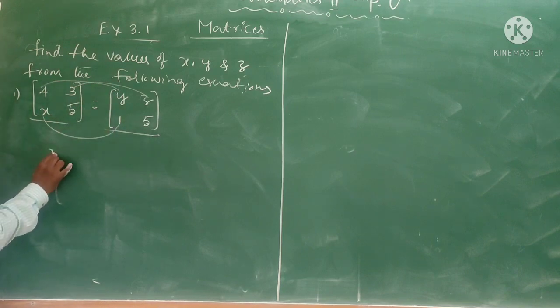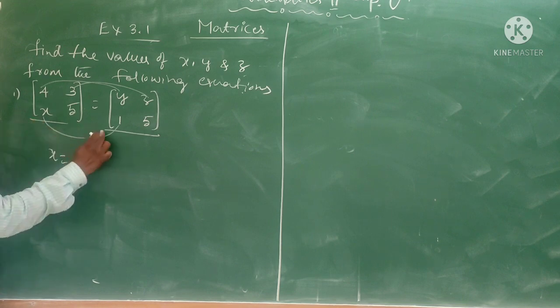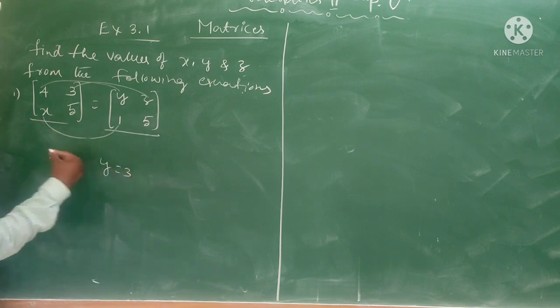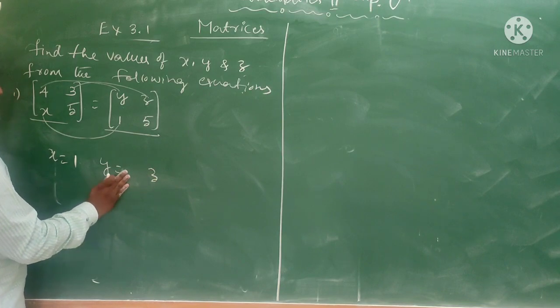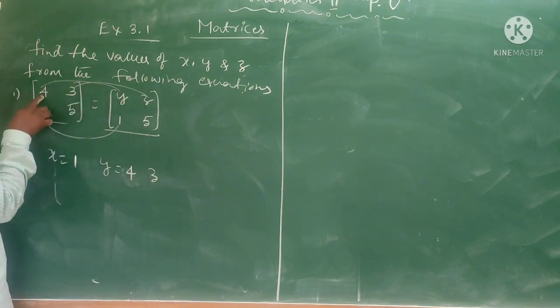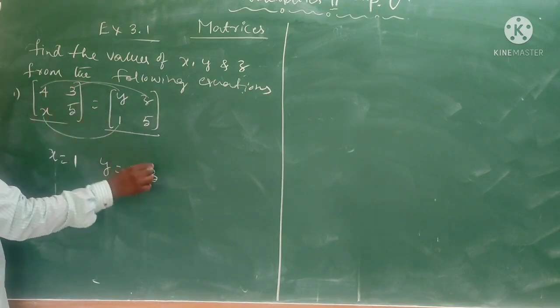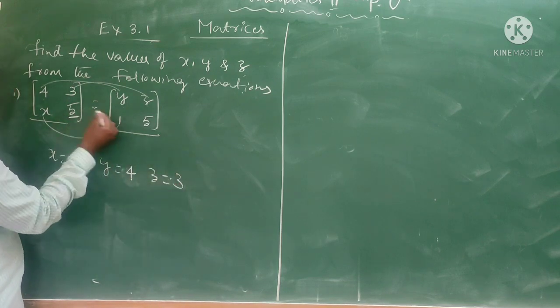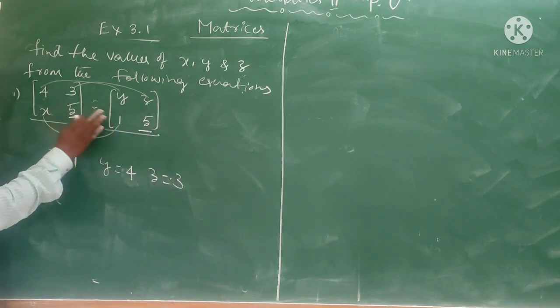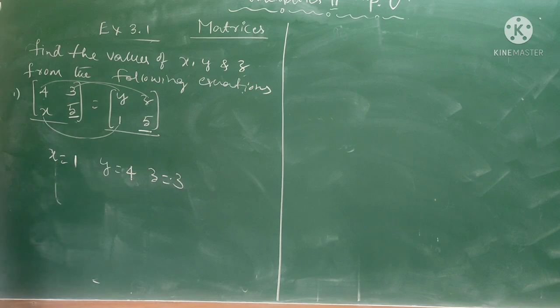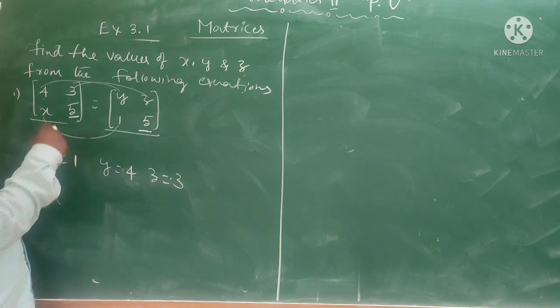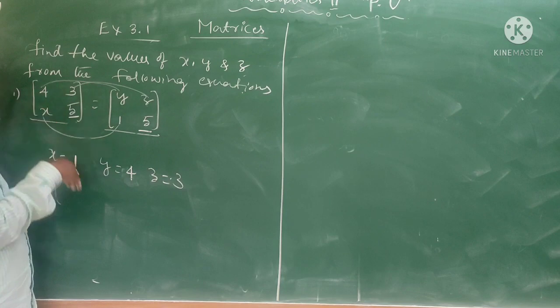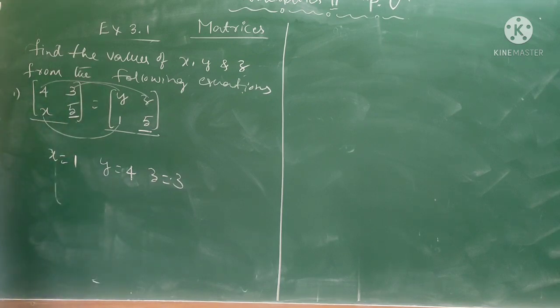In the remaining, 5 is there. It should be equal elements. Equality of matrices means both matrices having equal elements, then only it satisfies equality of matrices.